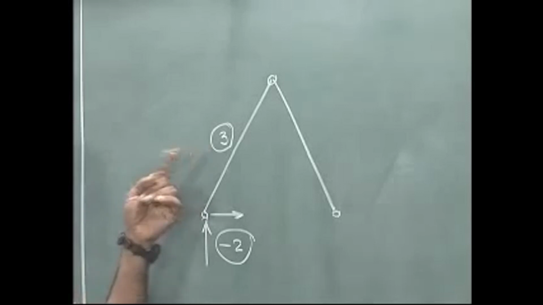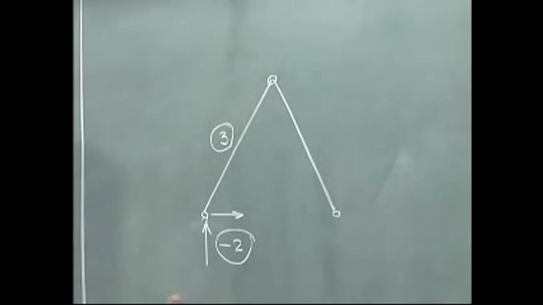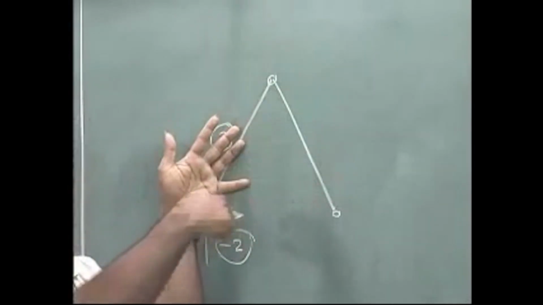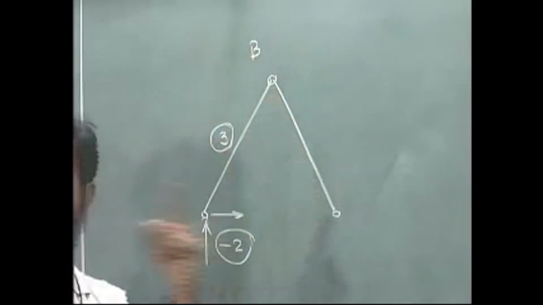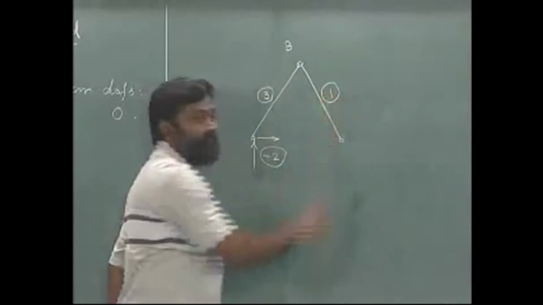There are 3 degrees of freedom for this, and if I fix this rigid body also to the fixed frame, I know this can rotate about the point B, which means this has 1 degree of freedom with respect to this. So, I am going to write 1 here.